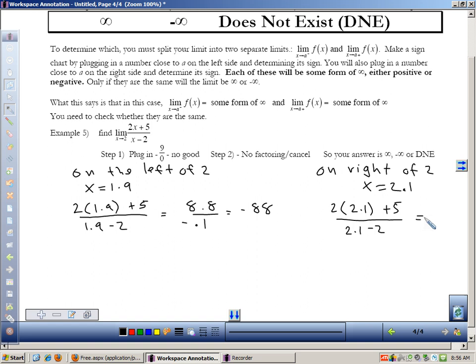We get 9.2 over 0.1 equals 92. So this is negative, and this is positive. Our signs are different. So this tells me the limit does not exist.